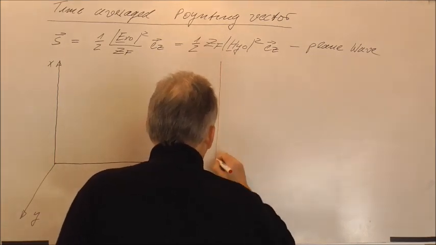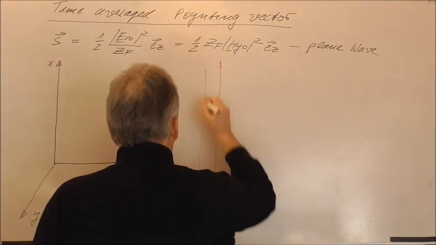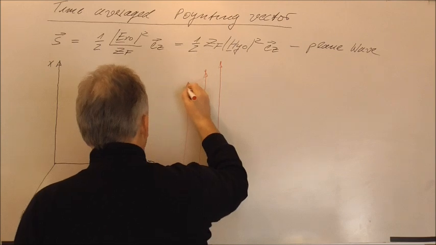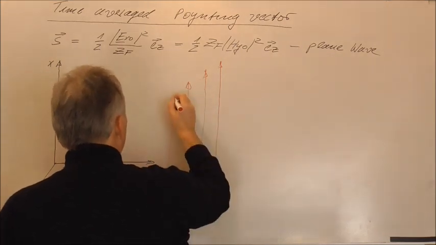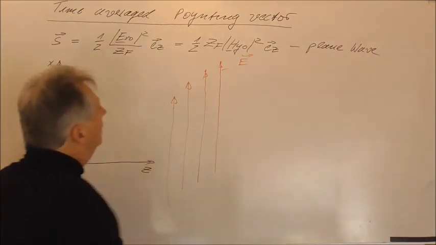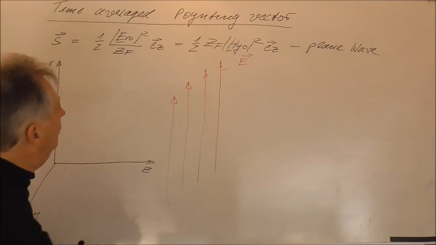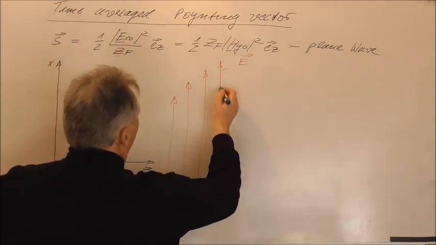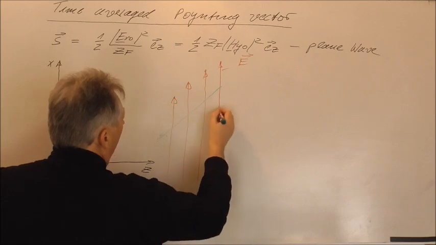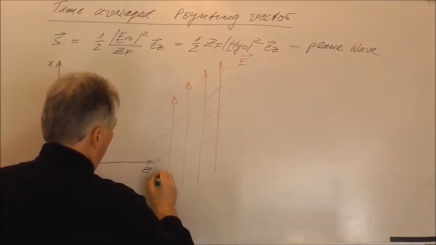I can sketch this. These are the field lines which would point in the x direction, though this is in principle the direction of the electric field, and the magnetic field points in the y direction, and so they are perpendicular to the field lines of the electric field.